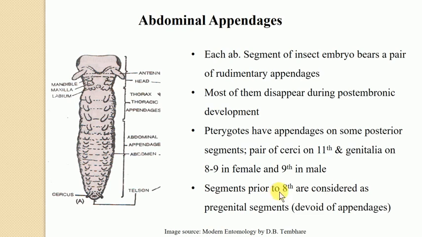That is, from segment number 1 to segment number 7, these are referred to as the pregenital segments.